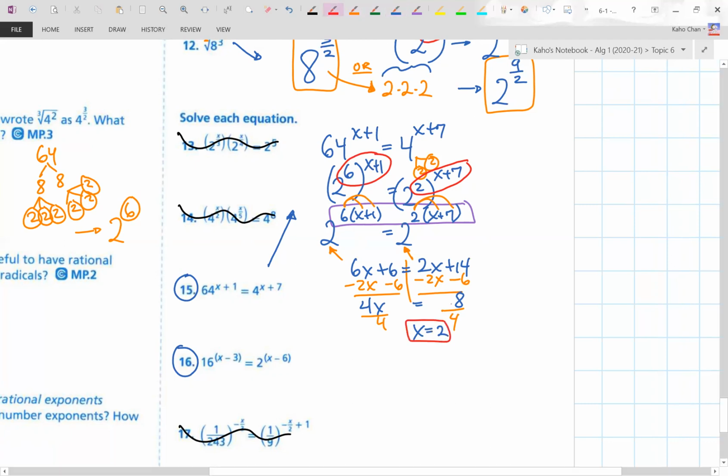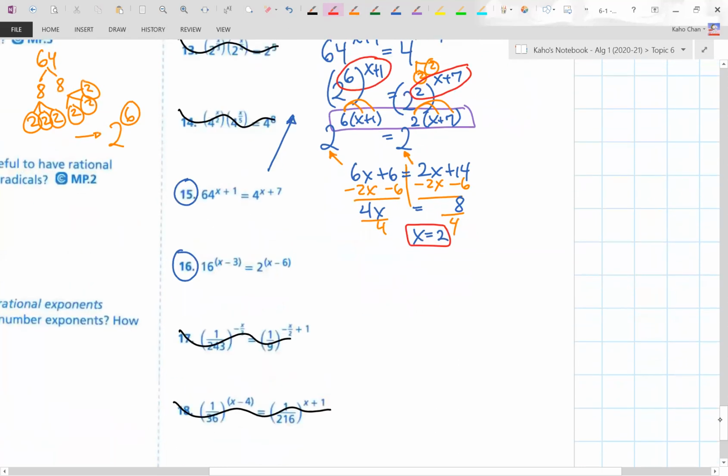I'd rather do that than the fractions that we have crossed out from earlier. Hey, not too bad. Let's do number 16. Ooh, a lot easier. 16 is 4 times 4. Let's break that down. And 4 times 4 is 2 times 2 times 2 times 2.